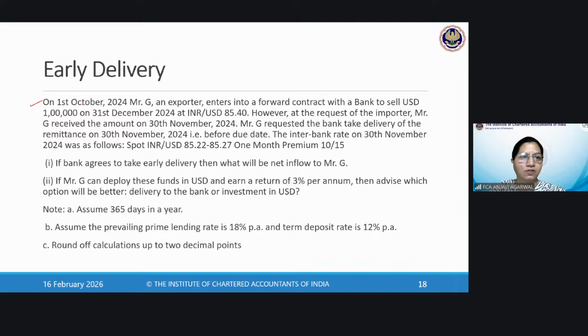So on 1st October 2024, Mr. G is an exporter. He enters into a forward contract with a bank to sell US dollar 100,000. So firstly, you have to be very careful who is the exporter. So if he is an Indian exporter, he is going to receive USD, and therefore he will sell the USD.